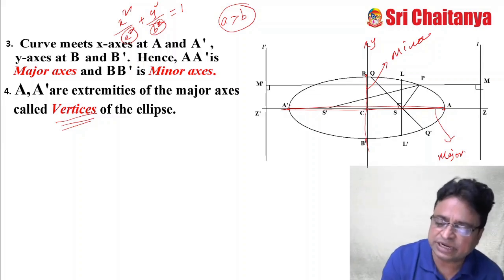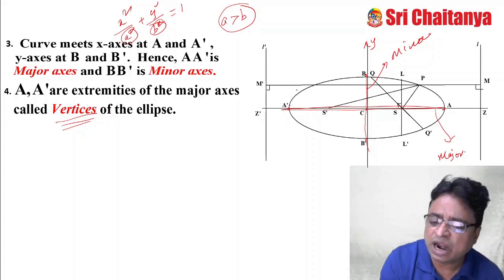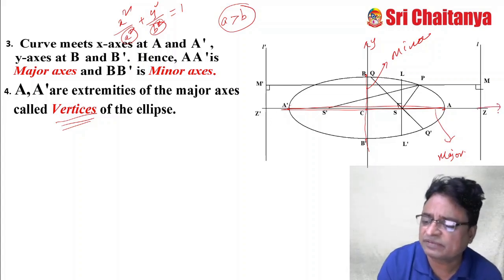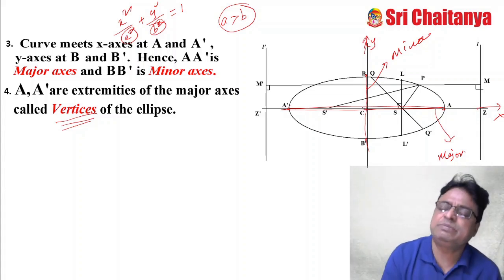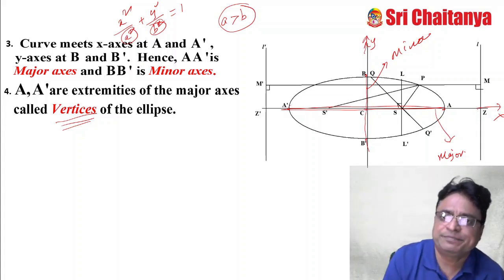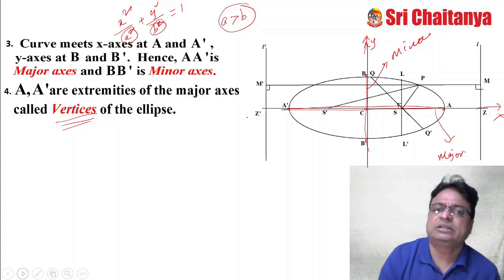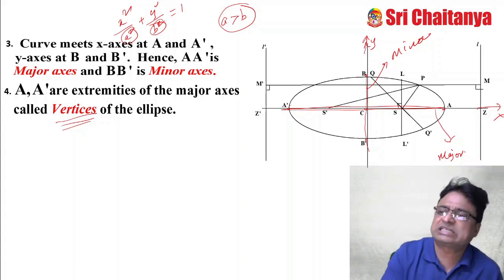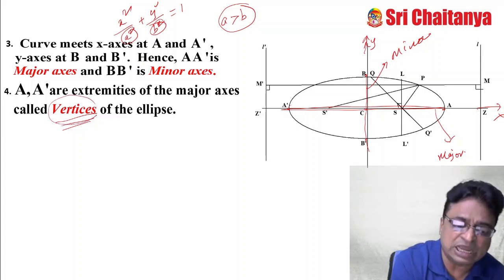Here in this general ellipse, the center of the ellipse is C. If I consider that as the origin, with the major axis along the x-axis and the minor axis along the y-axis, then the coordinates of C become 0, 0 only. So A and A dash are called the extremities of the major axis and also the vertices of the ellipse.